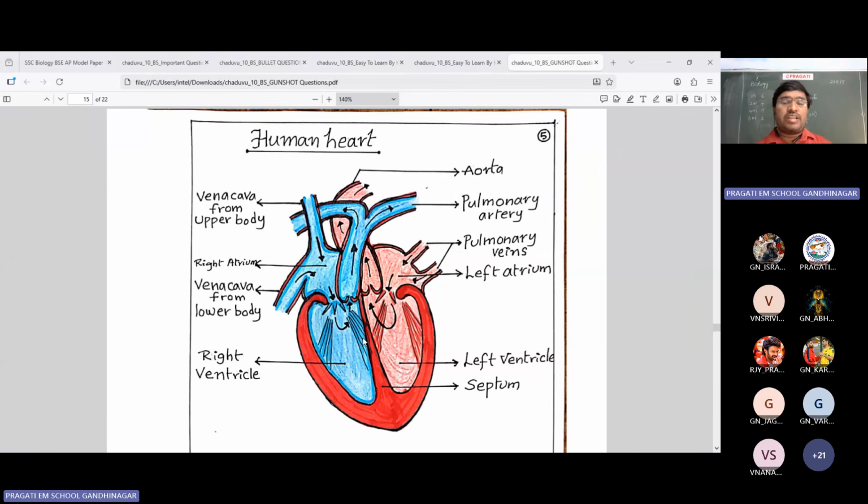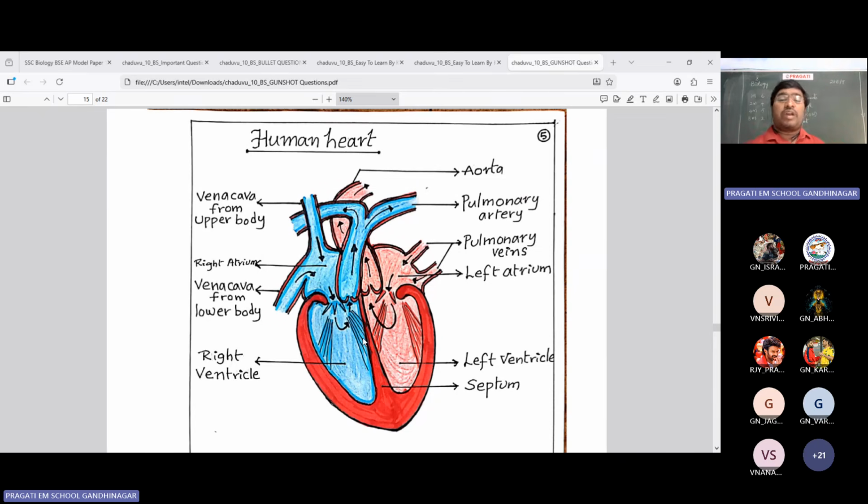These two ventricles are separated by the septum. Now, right side, right ventricle, right atrium. On that right side, there is a superior vena cava and inferior vena cava. So, I'm mentioning here vena cava from upper body, vena cava from lower body, or superior vena cava, inferior vena cava, you can write. Both are correct.